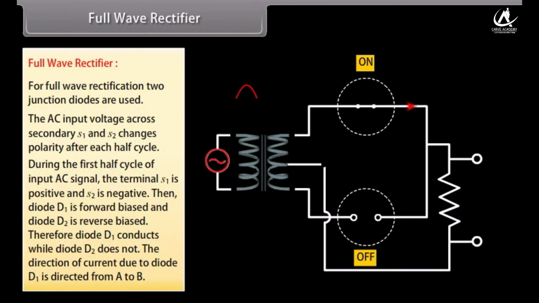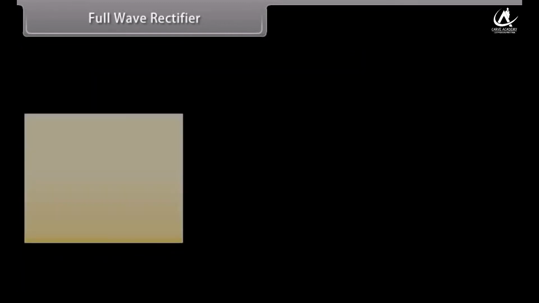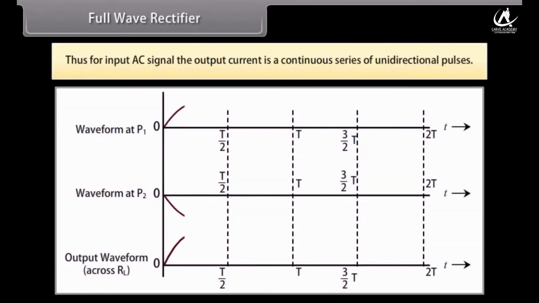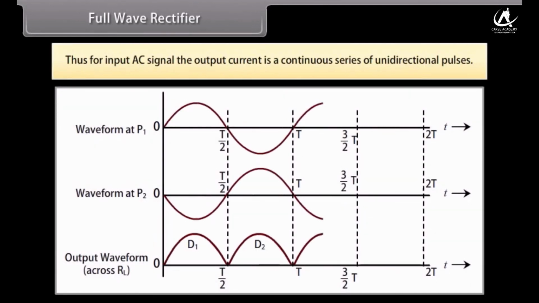The direction of current due to diode D1 is from A to B. In the next half cycle, the terminal S1 is negative and S2 is positive. The diode D1 is reverse biased and diode D2 is forward biased. Therefore, diode D2 conducts while D1 does not. The direction of current due to diode D2 is from A to B. Thus, for the input AC signal, the output current is a continuous series of unidirectional pulses.